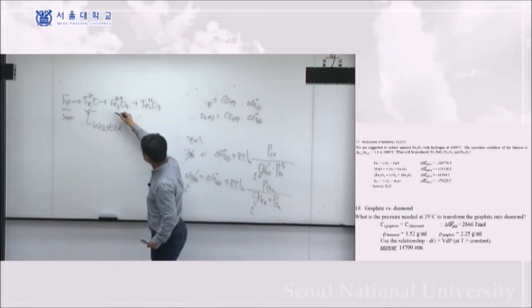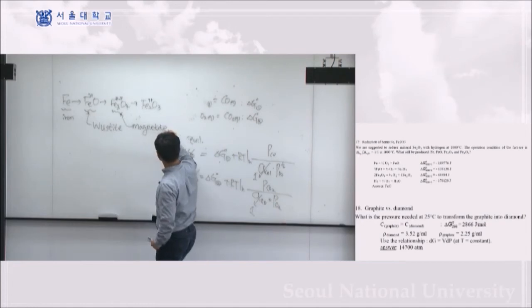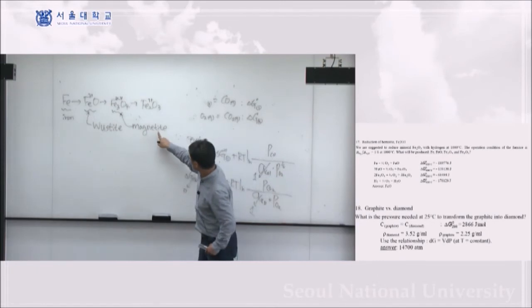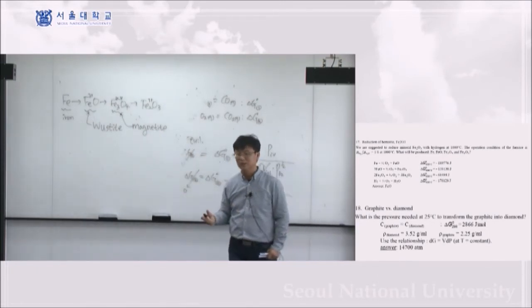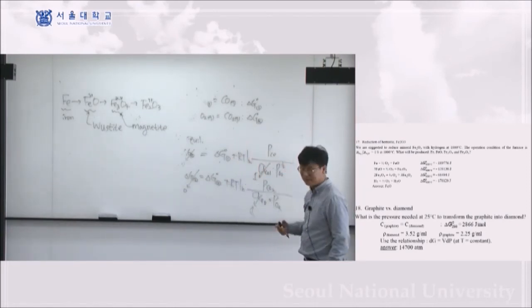We call this one magnetite. Yeah, magnetite. And why do we call it magnetite? It's magnetic. It's very simple.